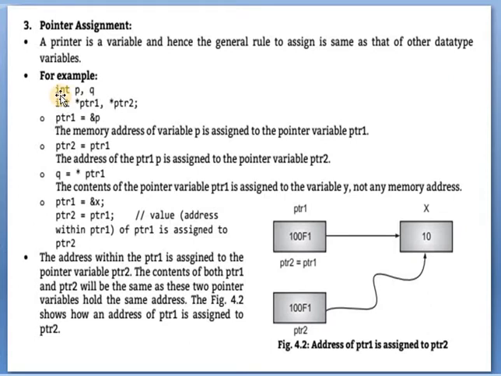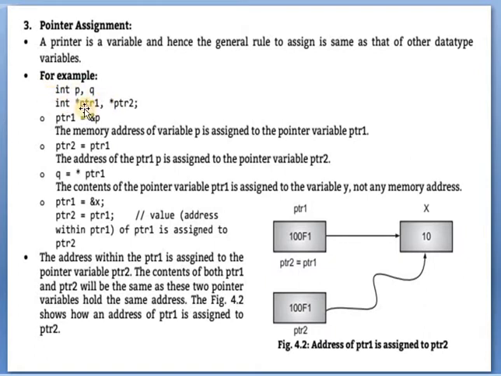See here, int p, q. Now these p and q are integer variables, and in the next line, int *ptr1, *ptr2. Now ptr1 and ptr2 both are pointer variables, and in these pointer variables we are going to store the address of p and q, which are integers.